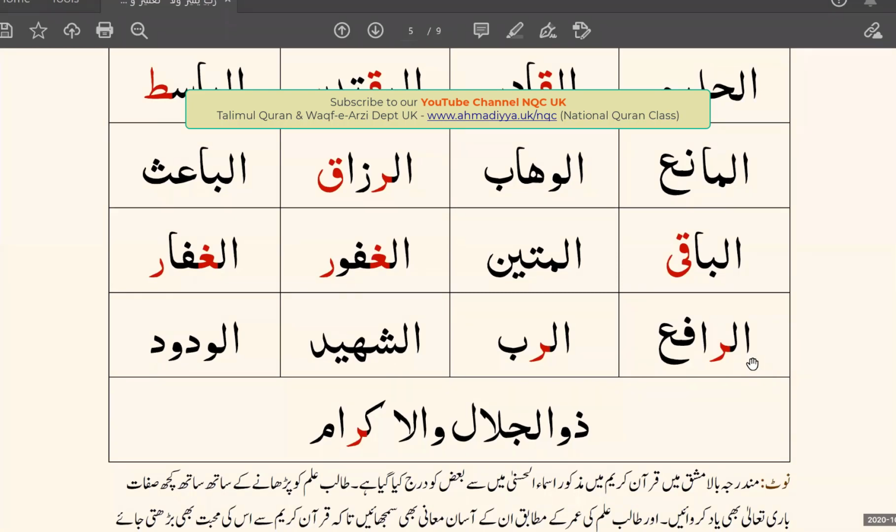Alif, Lam, Ra, Alif, Fa, Ain, Alif, Lam, Ra, Ba, Alif, Lam, Shin, Ha, Ya, Dal, Alif, Lam, Waw, Dal.